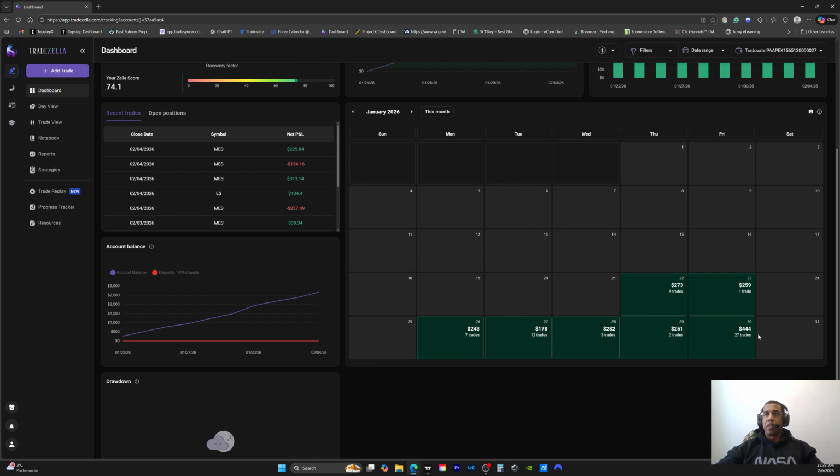Some of them the discipline was off, like this day was too many trades. This one too. This was horrible days. But overall, when I took that many trades like that, that's because I was being impatient and not waiting for my setups and just taking random trades. But then after that, I would lock in again and get back to my discipline, and then I was able to get back on the green on the day.